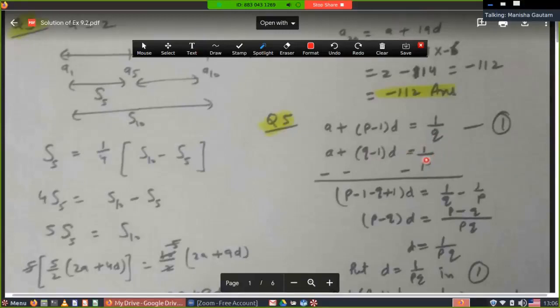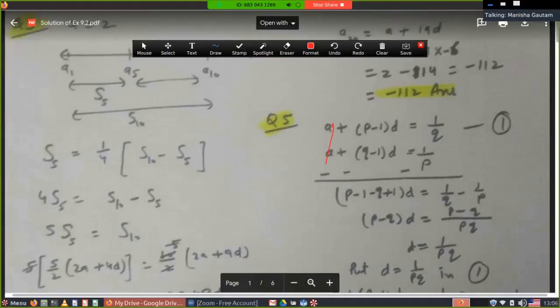Now these two equations are given to you. You have to simplify them by subtracting these equations. You get a minus a equal to 0, so these cancel.